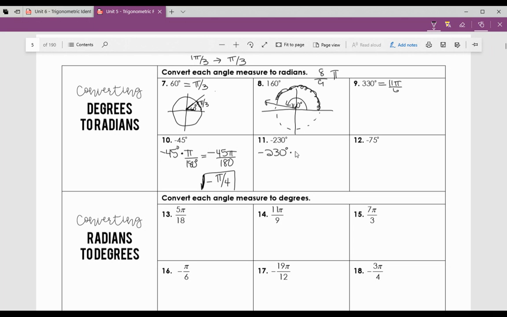All right, so we were at negative 230 times pi over 180. You should end up with negative 23 pi over 18, because that would be negative 230 pi over 180, and you can reduce that.